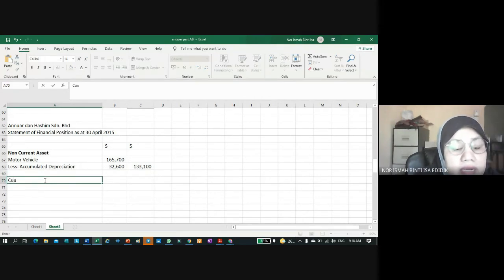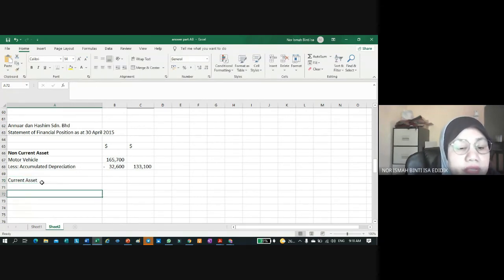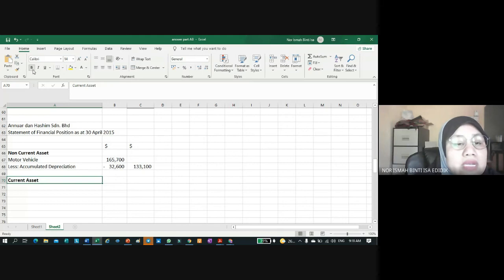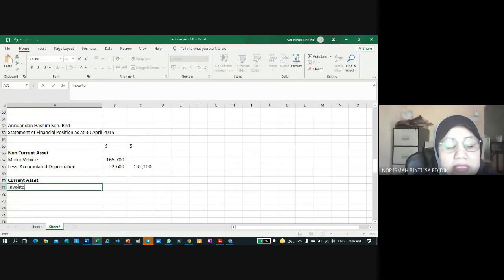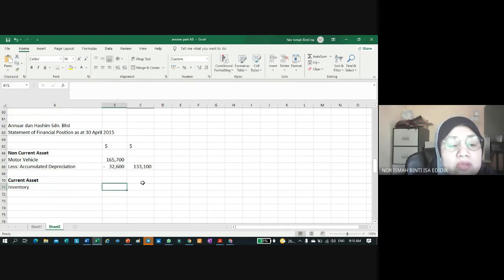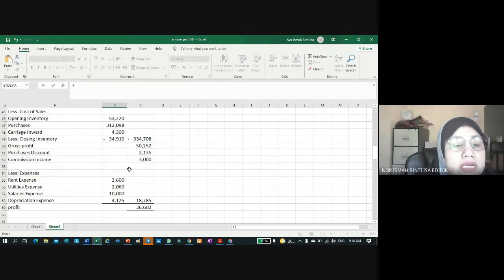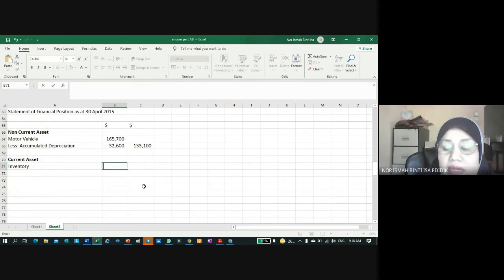Ni current assets. So under current asset we start with inventory. So inventory that appear in this statement is the closing inventory. So the closing inventory kita tengok di sini ya. Sini negatif, so saya letak negatif jugalah. Kita dapatkan positif figure.